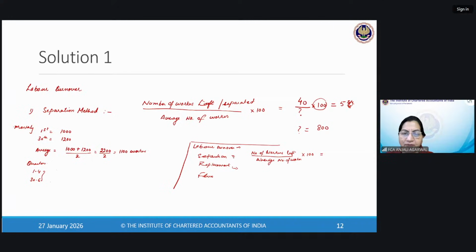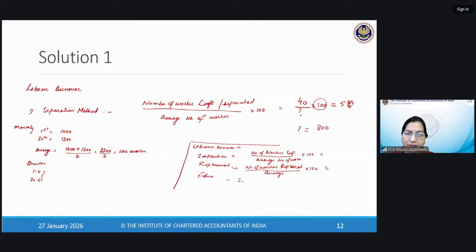Second is the replacement method: the number of workers replaced due to those leaving, divided by the average, into 100, will give you a number in percentage.